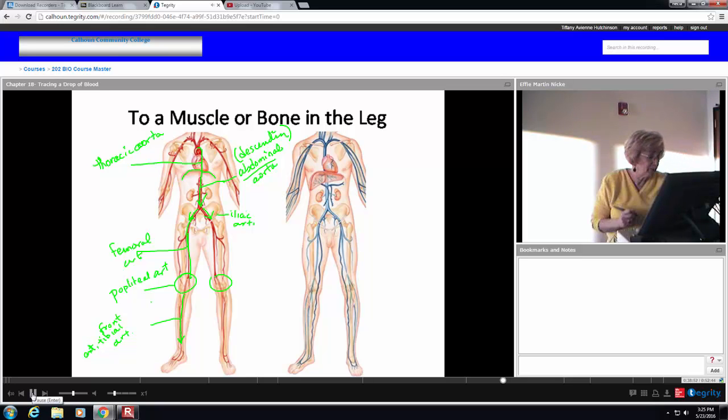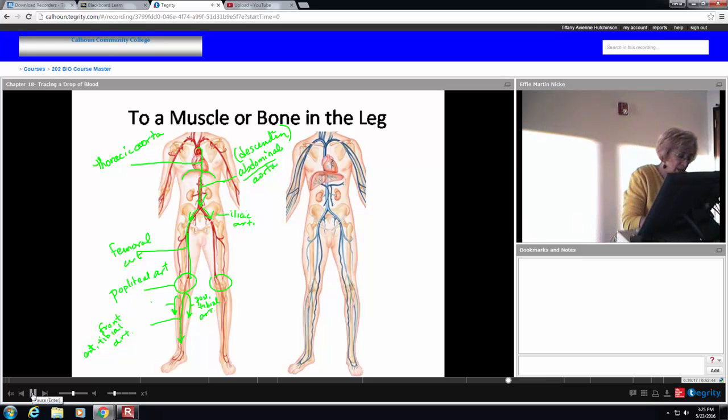All right. If you go from the popliteal to the back of the leg, you're going to be in the posterior tibial artery. If you go down the fibula on this side, the lateral surface of the leg, that's the third major split.